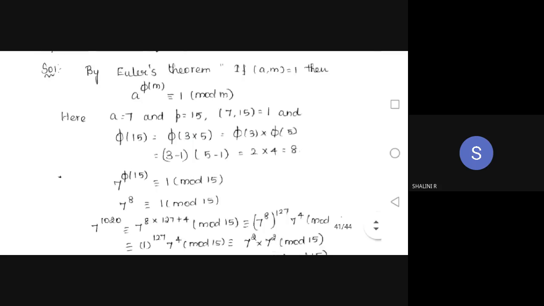So by the division algorithm, 1020 is equal to 8 times 127 plus 4. Then 7 power 1020 can be written as 7 power 8 whole power 127 into 7 power 4. Already we have the result 7 power 8 is congruent to 1 under mod 15. Therefore, replacing 7 power 8 by 1, we get 1 to the power 127 into 7 power 4 mod 15.